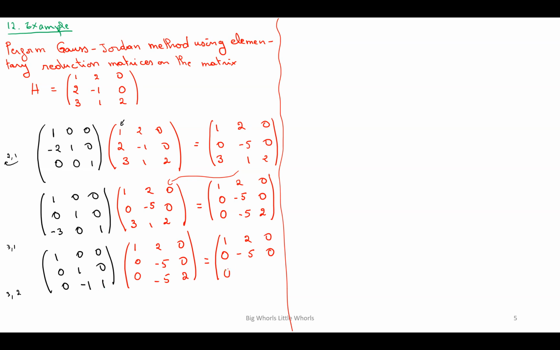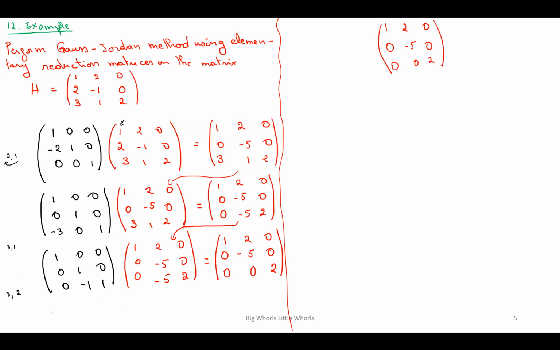So we have a 0 here, -1 times -5 is 5, so that's 0 there, and we have a 2 here. The result is 1 2 0, 0 -5 0, 0 0 2. That's our matrix.